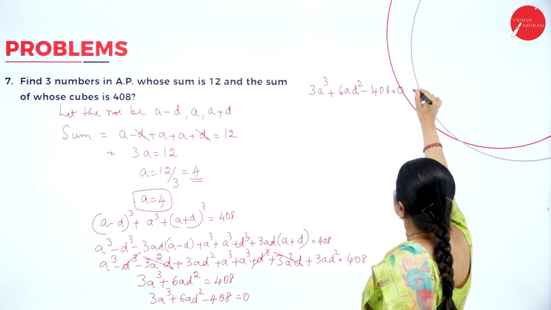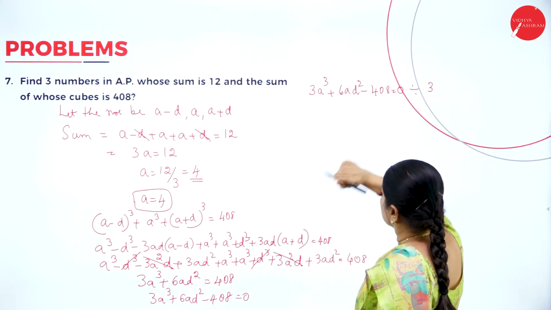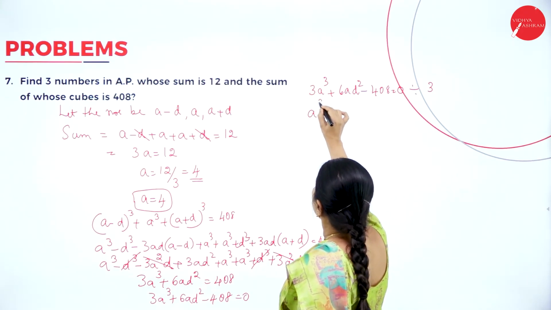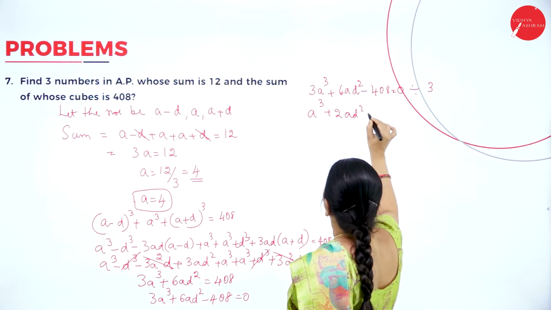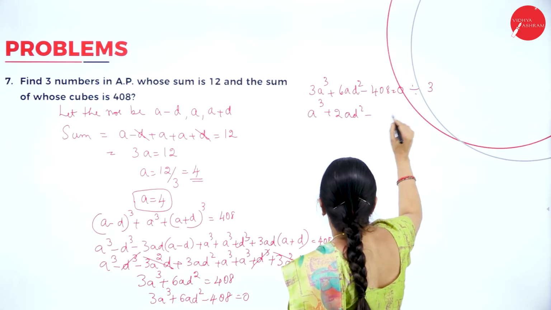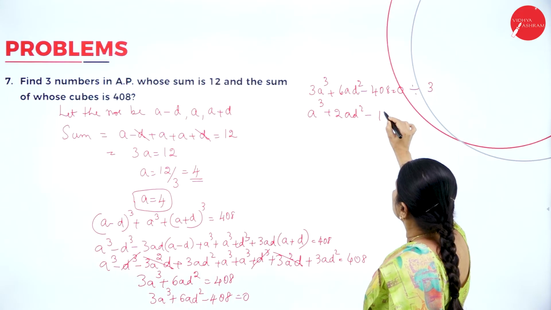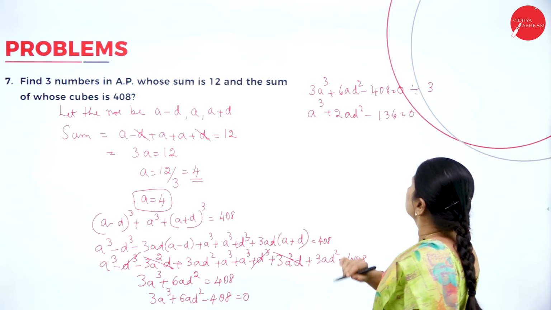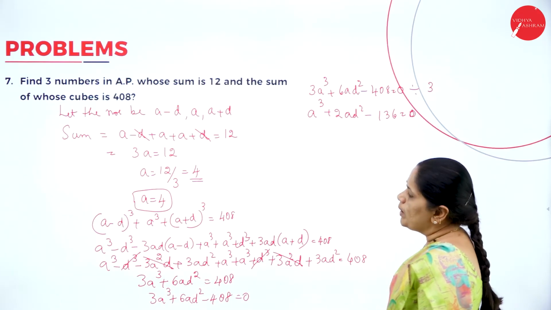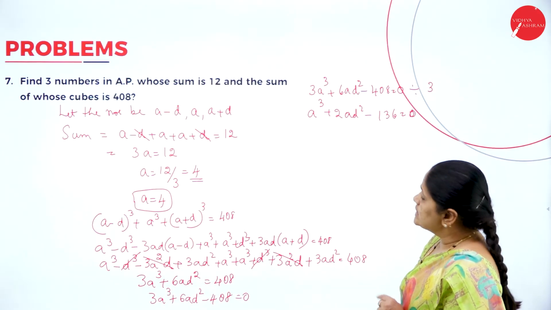Now, the entire equation is divisible by 3. So I get a cube plus 2ad square minus 136 equals 0, since 3 threes are 9, 3 sixes are 18, 408 divided by 3 is 136. But we know the value of a is 4.